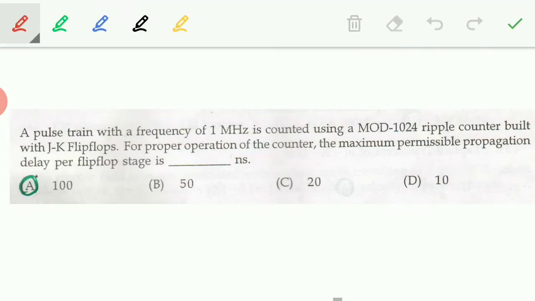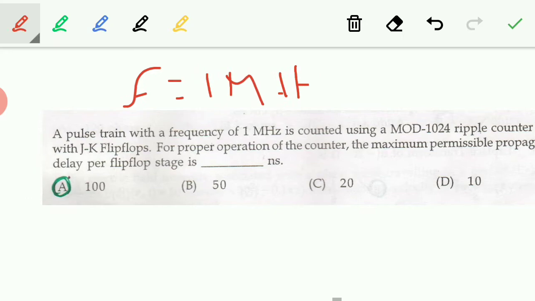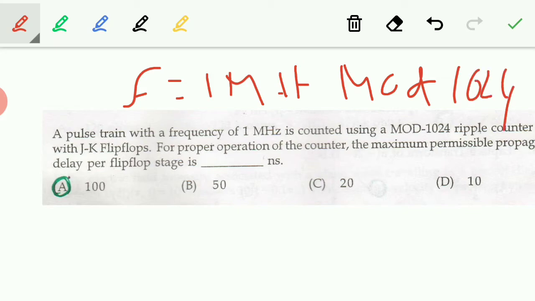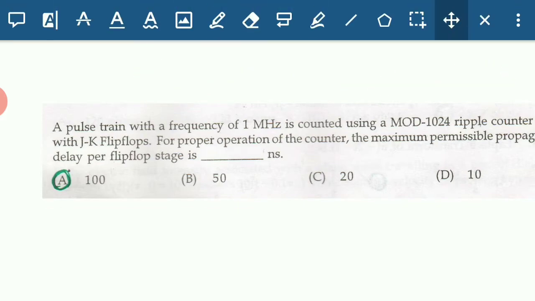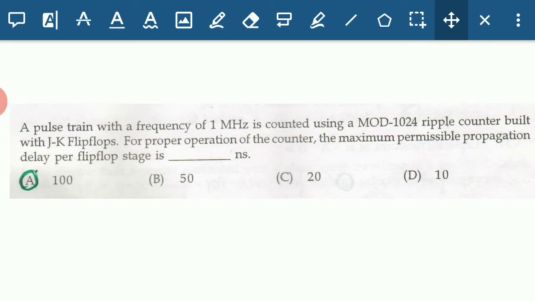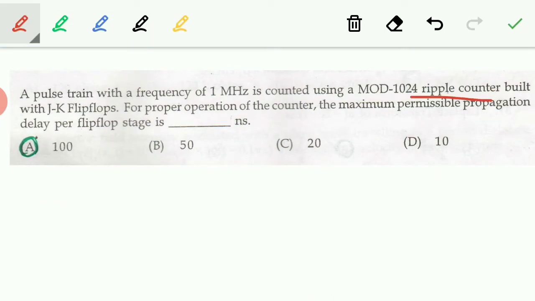What they have given: f is equal to 1 megahertz, and a mod 1024 counter. And it is a ripple counter. That is very important.